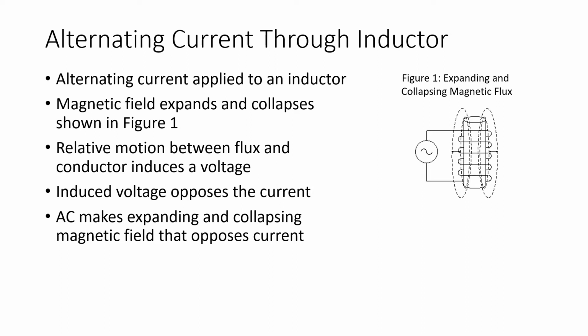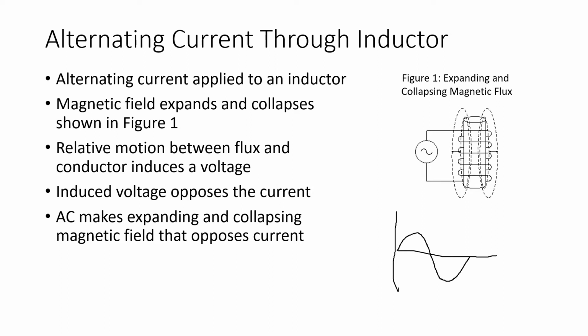Now, looking at the circuit of figure 1, we have a sinusoidal AC source connected to an inductor. Understand that this sinusoidal AC source is going to create a voltage that goes positive and goes negative.